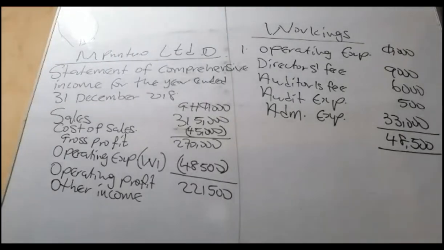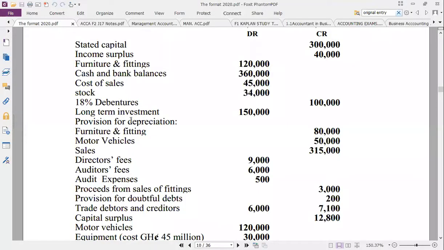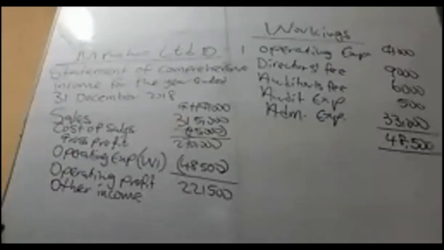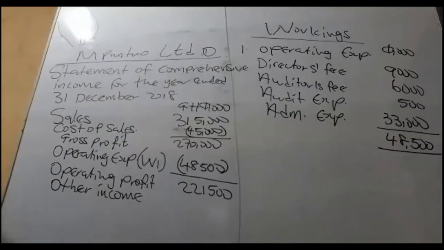Good. Now let's go and scan through and see if we can find some of this. Good, there's one here. Sale of fittings, the proceed. In fact, the other income section is the profit, not the proceed itself.